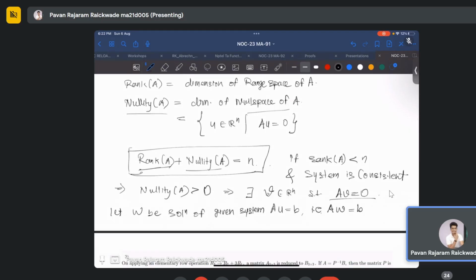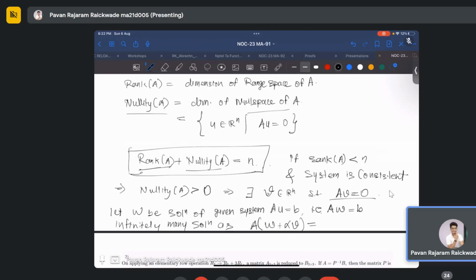So now I'll give infinitely many solutions as A of W plus alpha V.